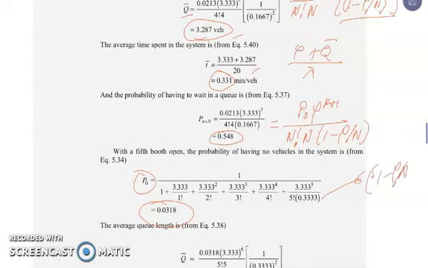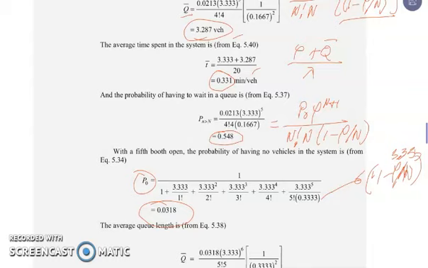We have to take note that our rho is 3.33. Divide that by our n, which is 5, since there are 5 booths open. It gives us a result of 0.66.